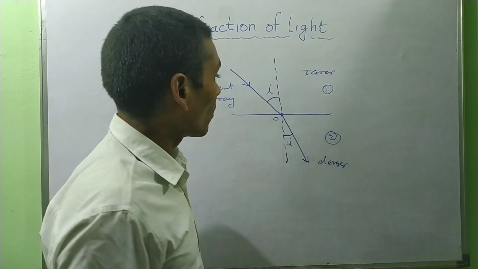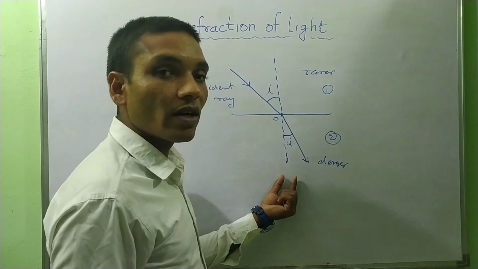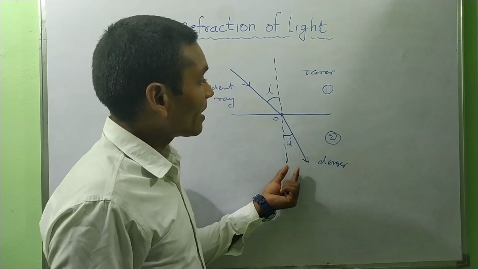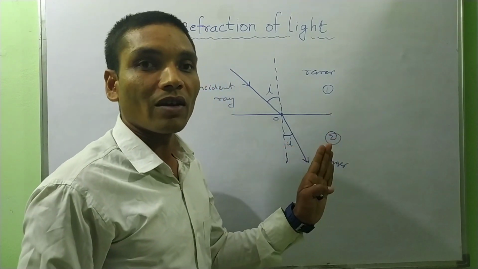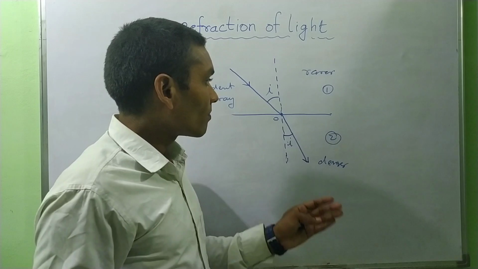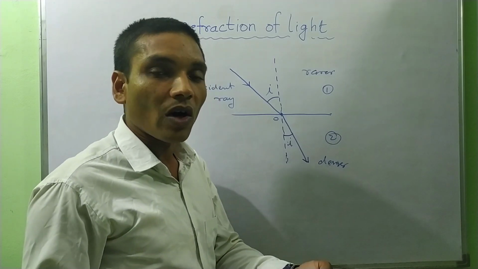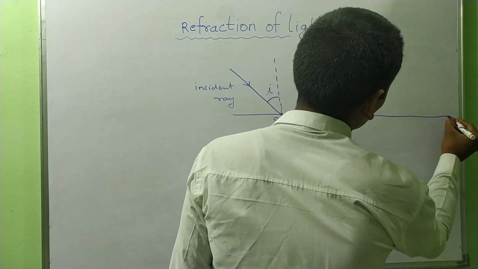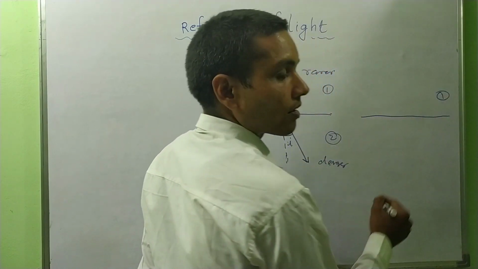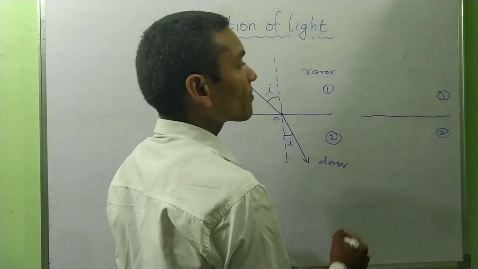Now why does this light ray bend towards the normal? Why does it not bend away from the normal? The light ray will bend away from the normal also. So we will see this in this diagram. This is the first medium and this is the second medium.